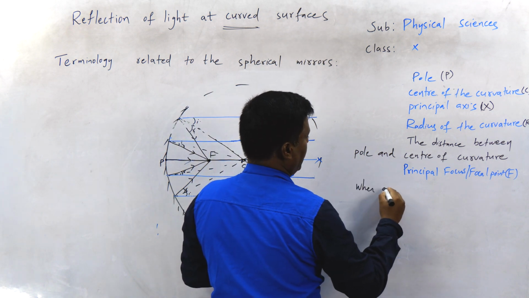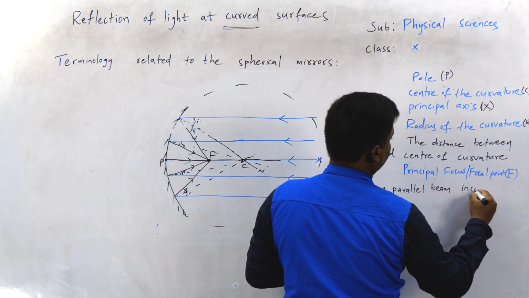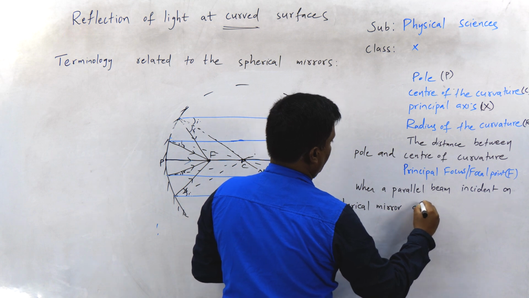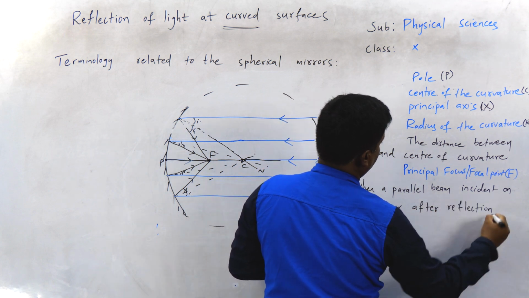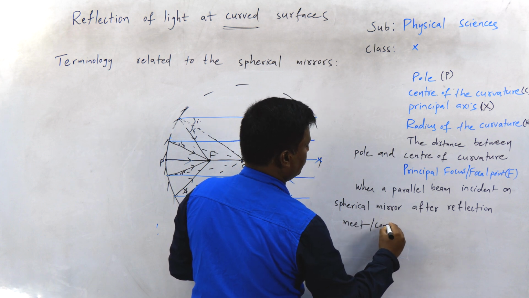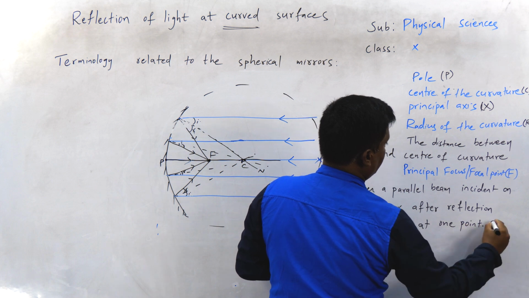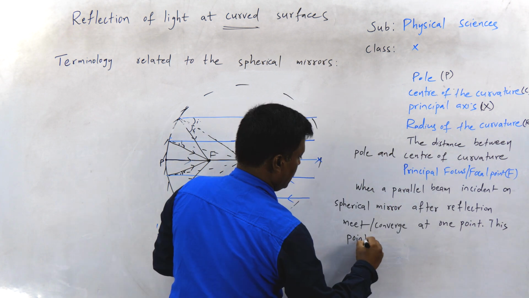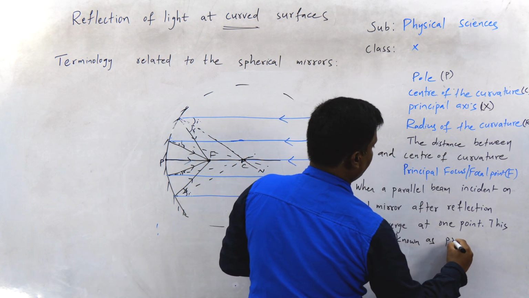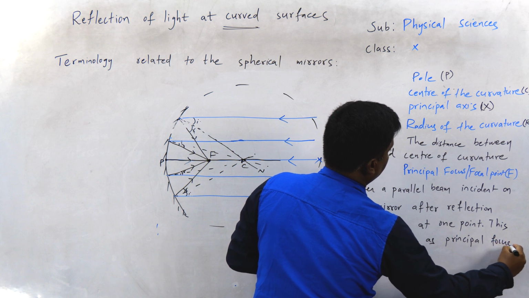When a parallel beam incident on a spherical mirror, after reflection meets or converges at one point, this point is known as the principal focus or focal point.